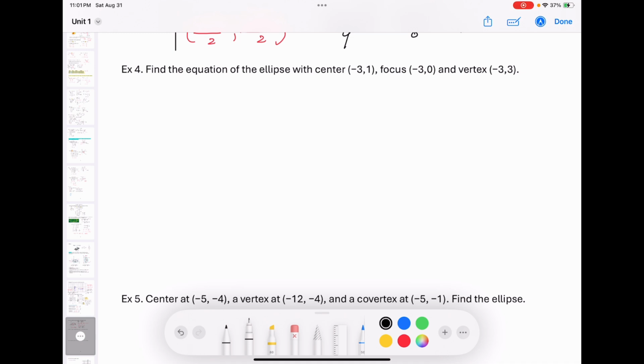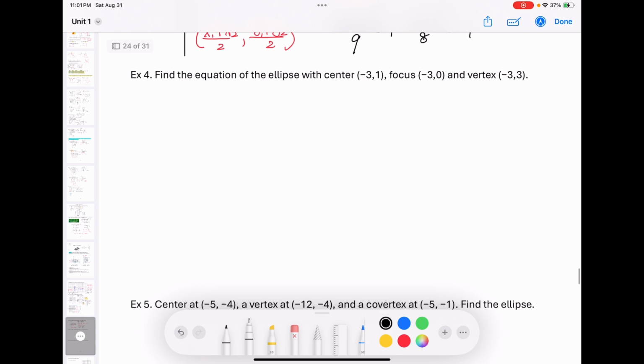Find the equation of the ellipse with center (-3, 1), focus (-3, 0), and vertex (-3, -3). Okay, so let's graph it first.